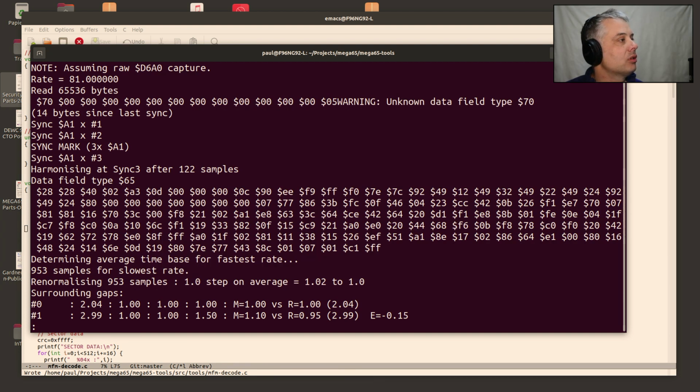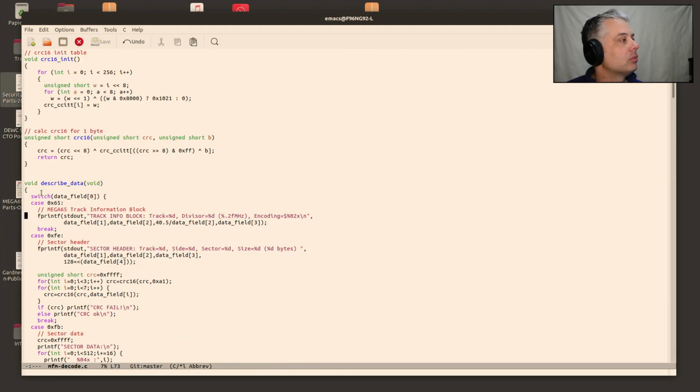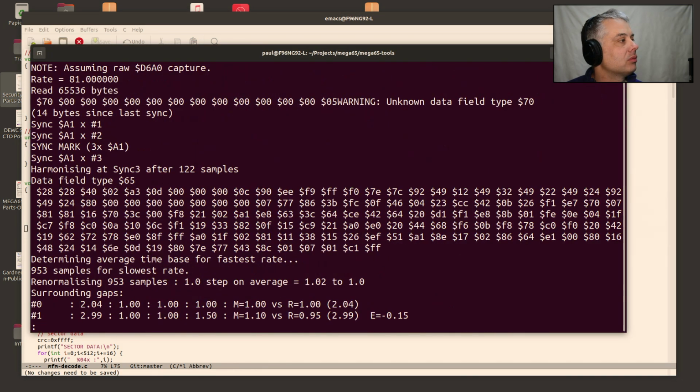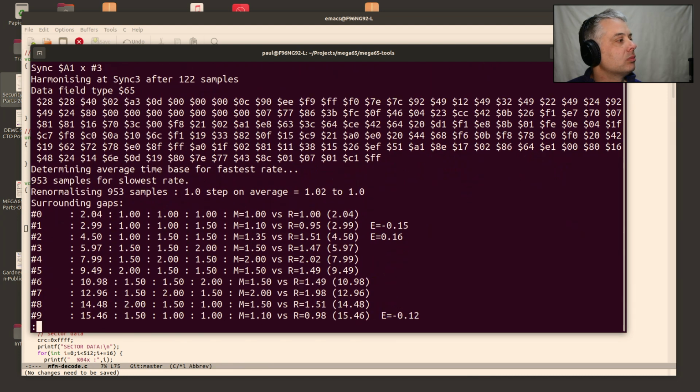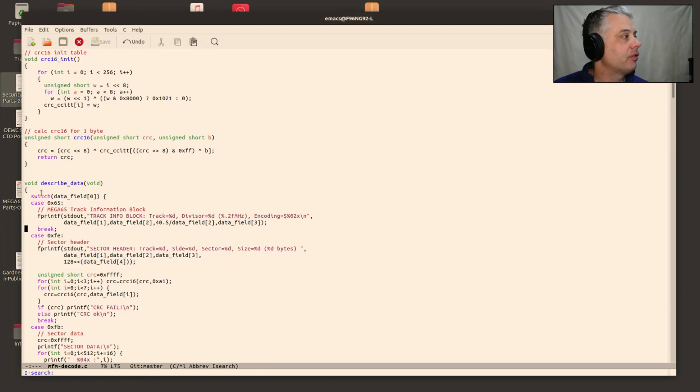So we should, right, 65, print that. Okay. So why is it, they're not showing it? Because it knows we have a data field type 65.